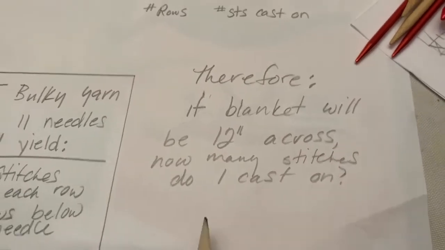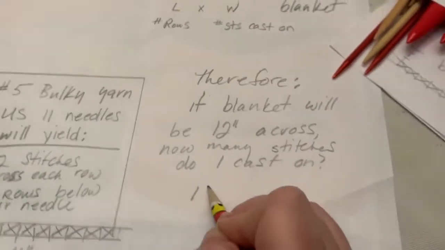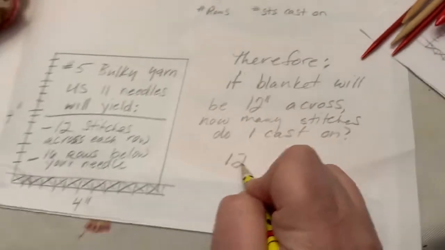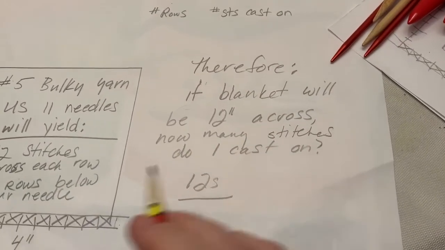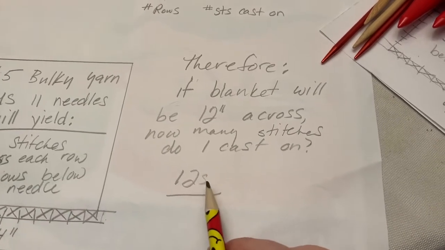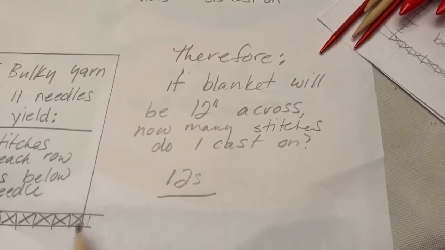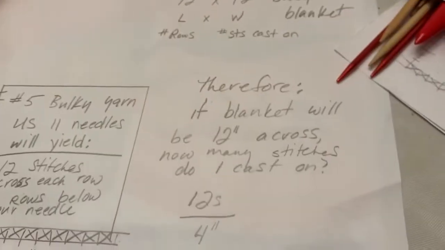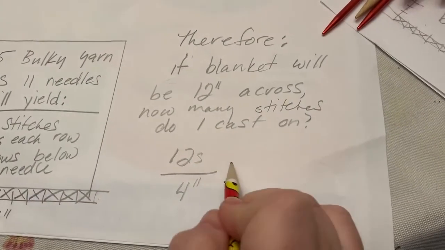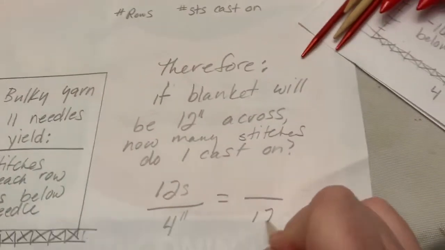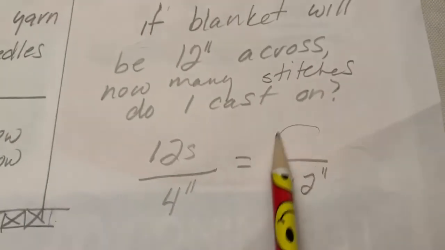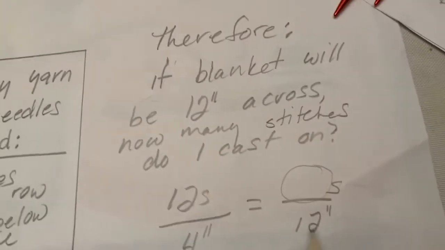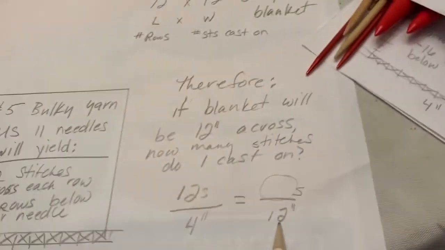Okay, so the math is pretty easy. If I need the blanket to be 12 inches wide, and if I get 12 stitches in 4 inches, then what I want to know is how many stitches I need to get 12 inches.